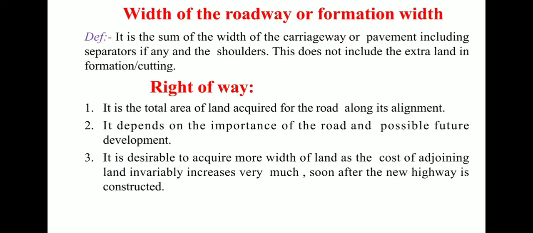In some cases, the lower width within the suggested range may have to be adopted in view of the high cost of land and other existing features. Right of way means that wherever the road alignment will be moving, the nearby area you have to acquire at the first stage. Otherwise, there will be development, and later on it will become very difficult to acquire the land, as there will be development along these highways.